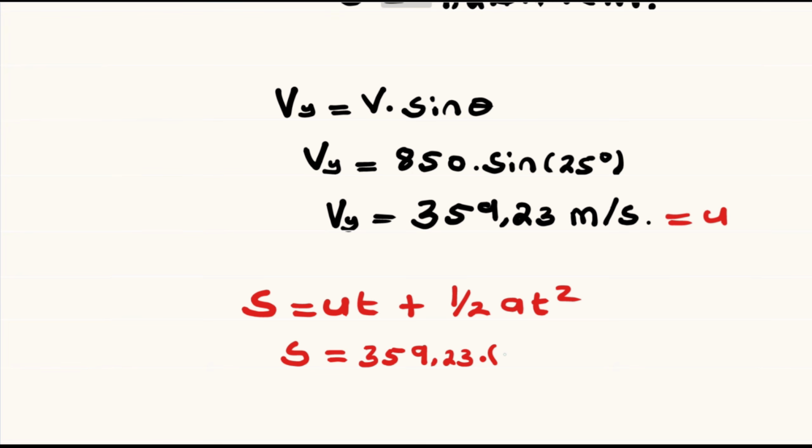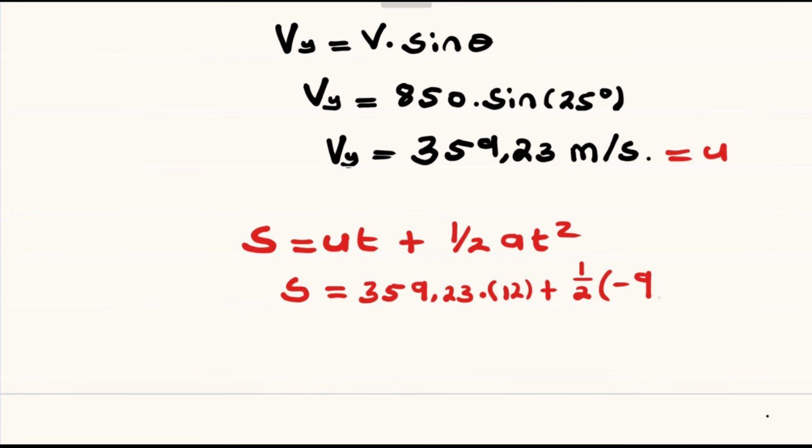So we have 359,23 multiplied by the time, which is 12 seconds, plus half multiplied by, I'm sorry guys, I was supposed to choose direction. So up will be positive, just like that. 359,23 was positive, and down will be negative. So the gravity, the negative 9,81, the force of gravity will be negative since it's going down, and the time was 12, so we have 12 squared.